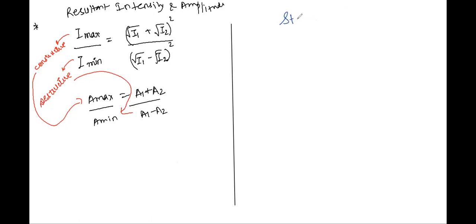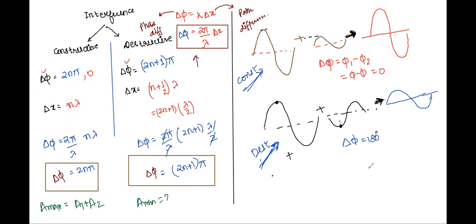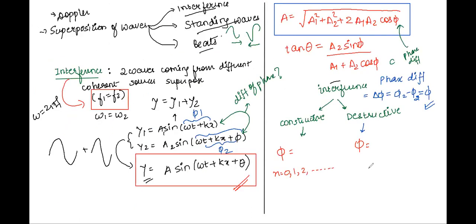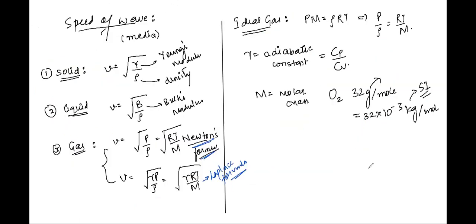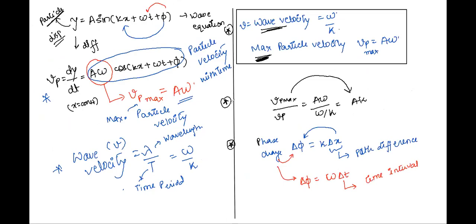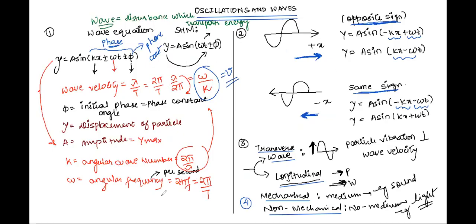So standing waves. What does a standing wave mean? A wave which is not moving. It is standing. It is stationary. So recall we had seen the equation of progressive wave. See here, this was the equation. I'll shade it.